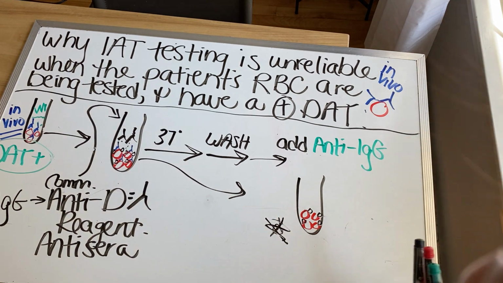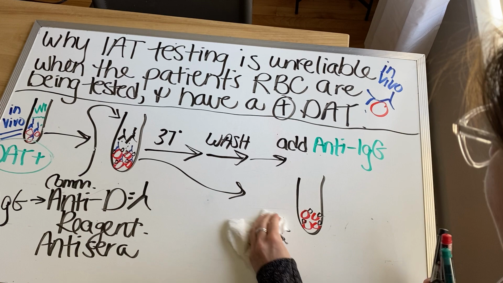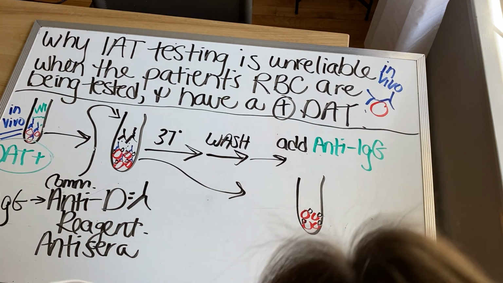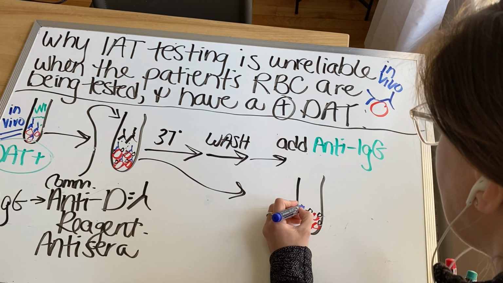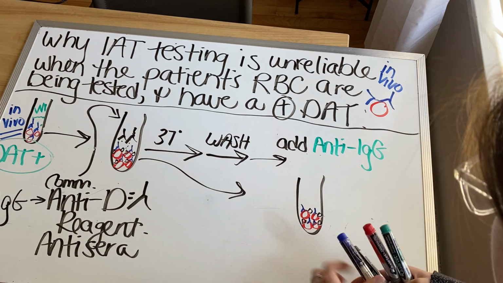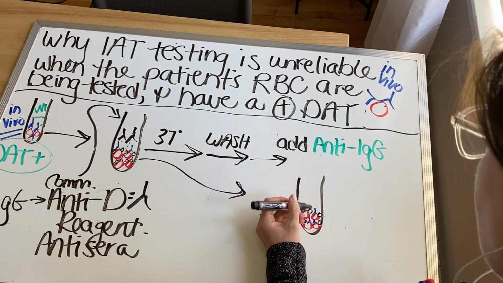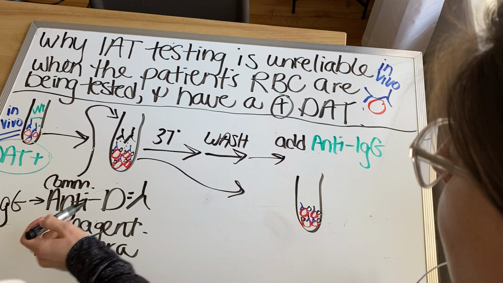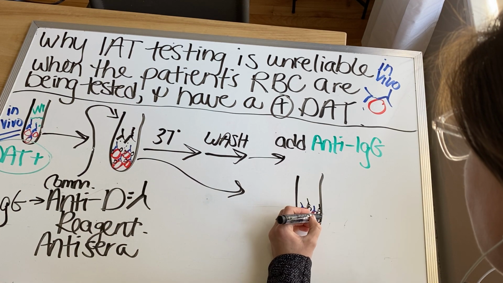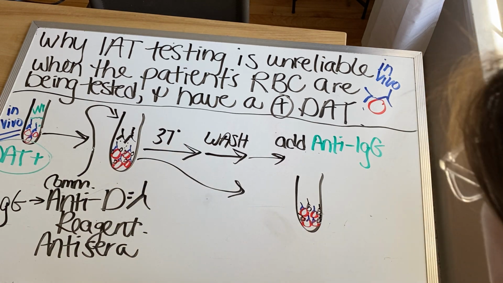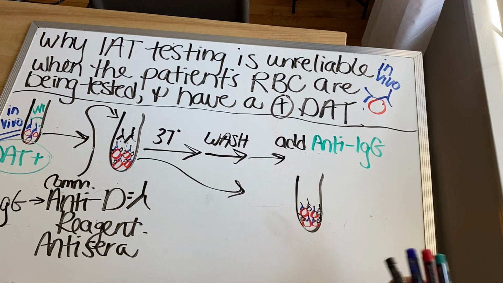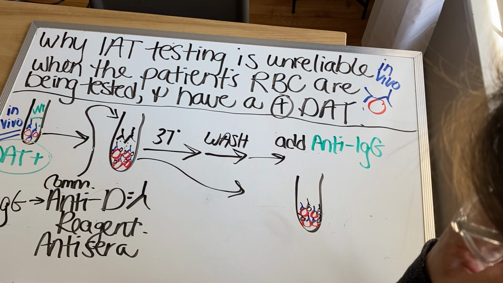If they have D antigens on them, the D and a previously coating antibody of an IgG class that happened just to be coating there, our anti-D that we added here is going to bind to the D antigens, because that's what it does at 37 degrees. And this is weak D testing. We went all the way through to IAT. This is weak D testing.